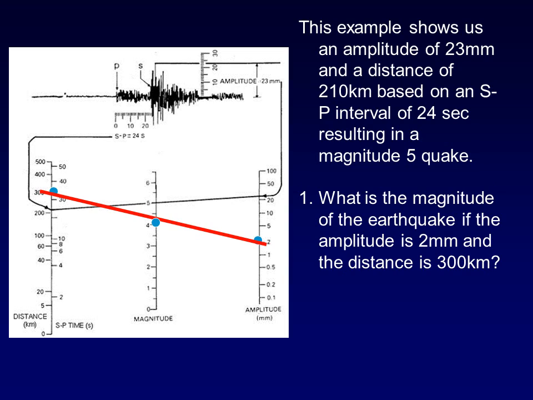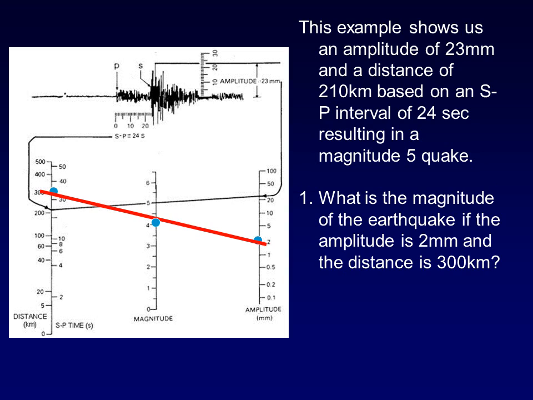If you look at 210 kilometers on the distance line on the left, on the right side of that line it's showing you the S-P times in seconds. So 210 kilometers is the same as 24 seconds. When we connect those two dots, our distance and our amplitude, that overlaps right at the 5. So we know on the Richter scale, this earthquake was a magnitude 5.